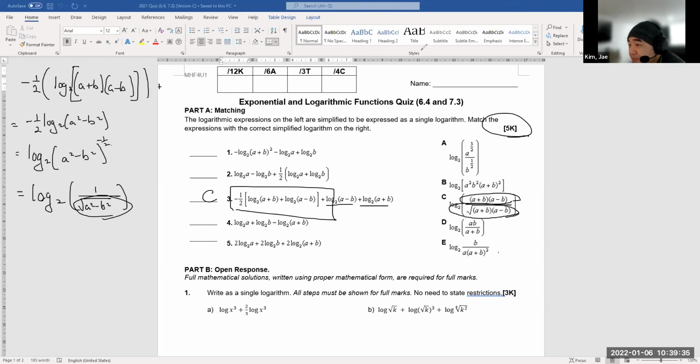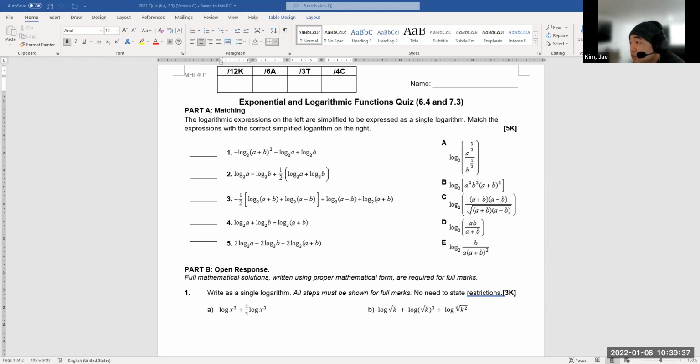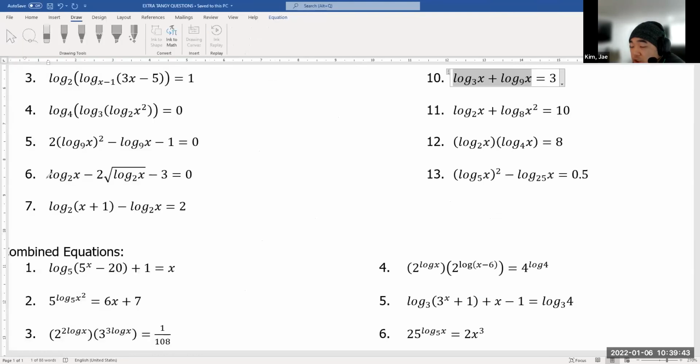Hope that's good. I am going to switch gears and get to a request: question 6 from the Tangy questions. What I am going to do is another form of substitution.